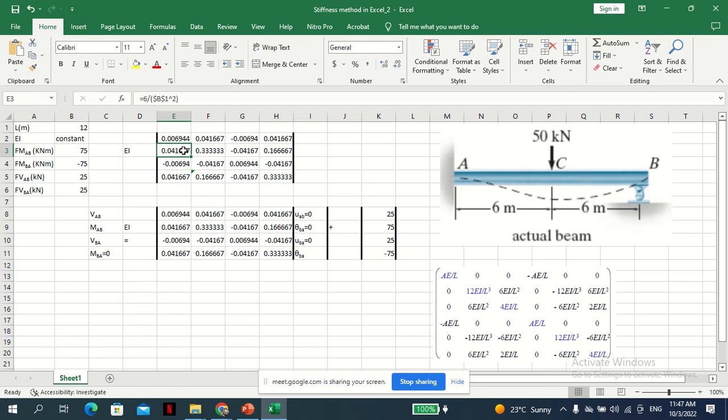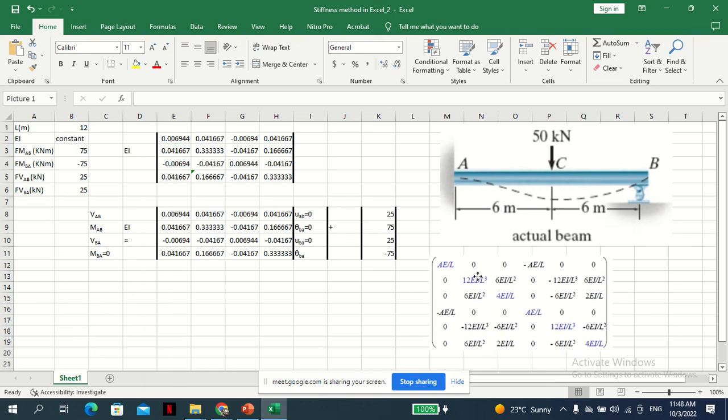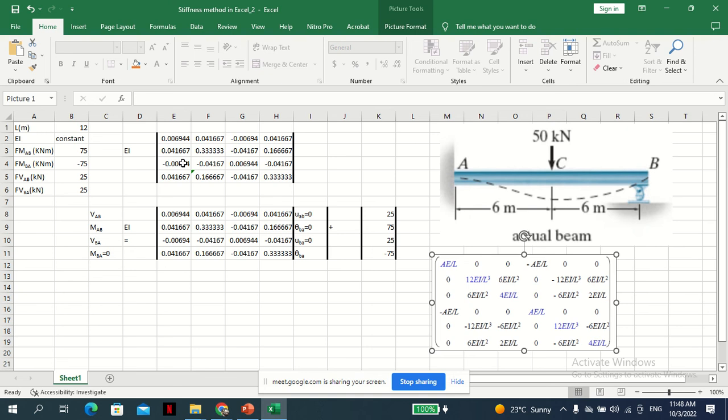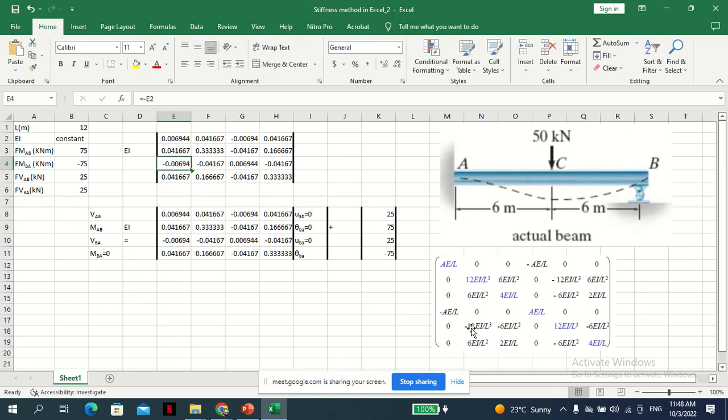You can see we skip that, the axial part is not there, so you skip it and then go to negative 12 EI and then to 6 EI and the same.